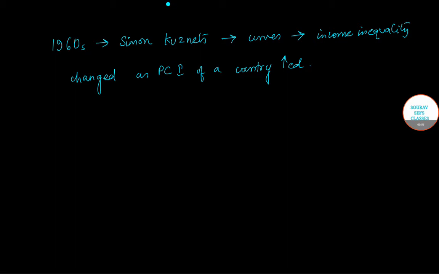According to him, and it is empirically proven, inequality initially increased and then it actually decreased.